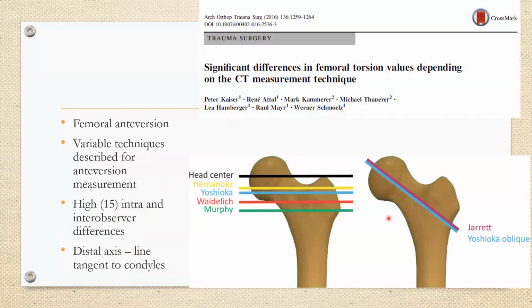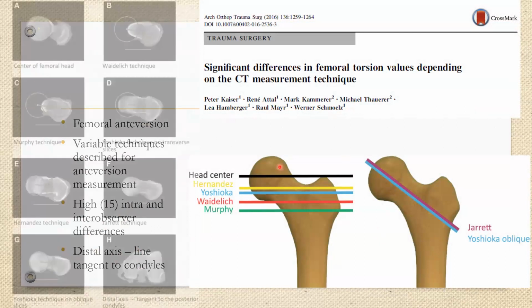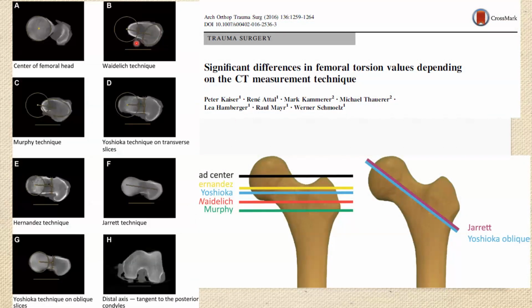These are some of the techniques described, based on the reference points taken for measuring anteversion. Of all the techniques, the most commonly used is the Weiner technique, where the line is taken from the center of the femoral head and the center of the ellipse along the greater trochanter. Other techniques depend on the levels of the bones considered.